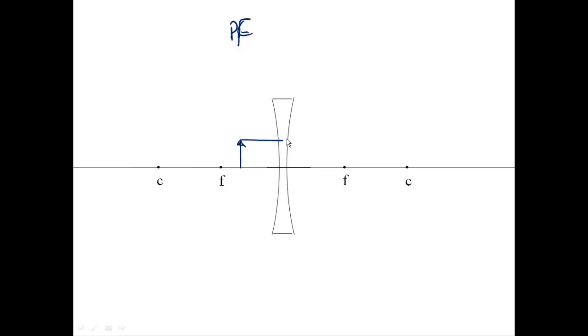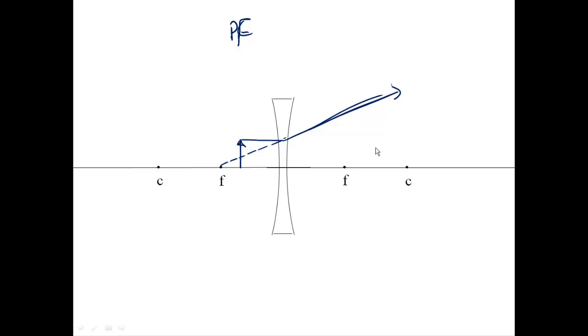Diverging lens. So the ray is going to go up like this. How do we know what angle? Well, it turns out if you trace it back to this virtual focal point, back here, I'll dot the ray back here so you can see it's lined up. If you trace it back to that virtual focal point, that's the angle at which it would go up.